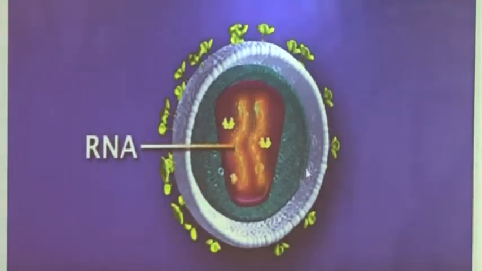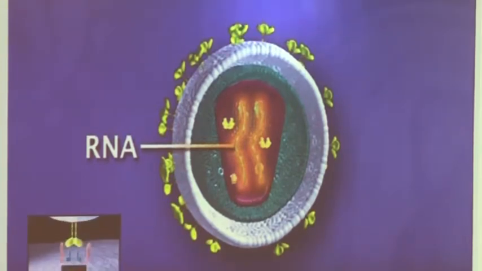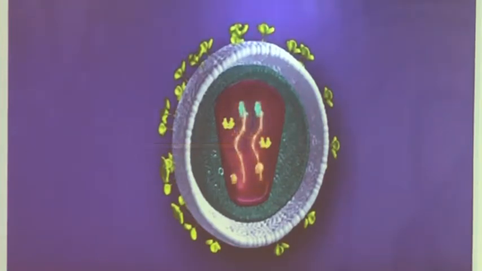Okay, so you're going to draw a picture here, and the first thing you're going to label on the inside is going to be this RNA. Remember, this is an RNA virus, and there are 2 strands of RNA. So go ahead and get that. The enzyme here in blue is reverse transcriptase.